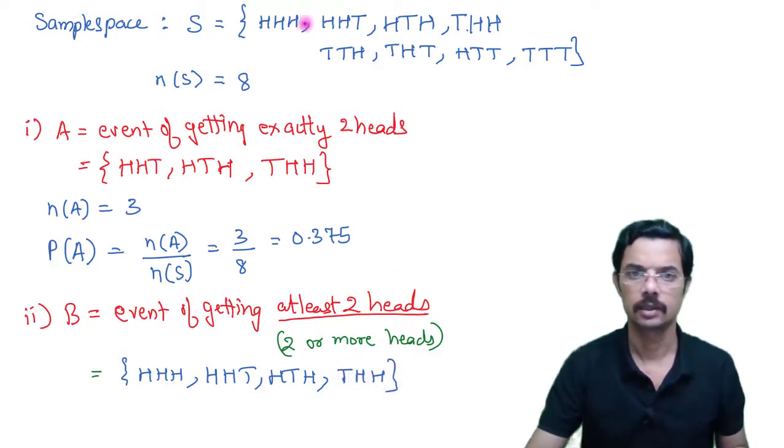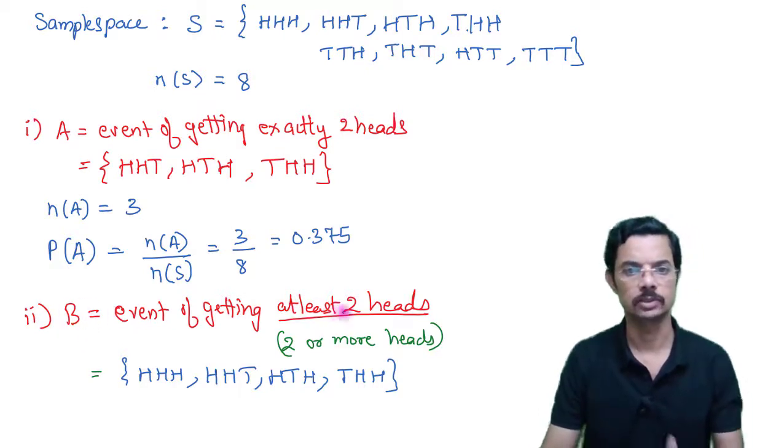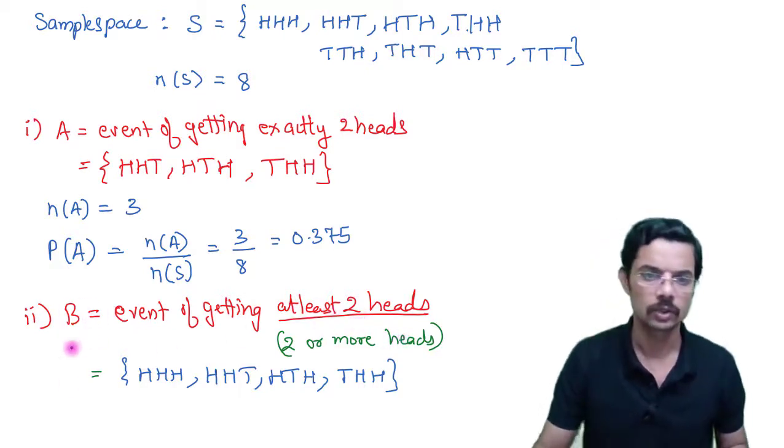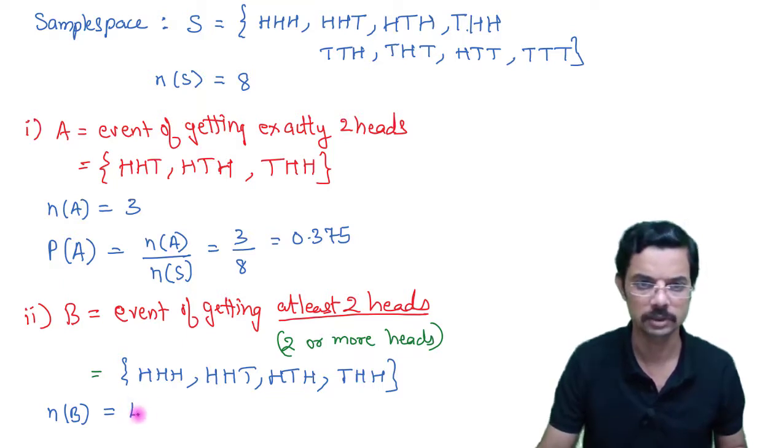These are the 3 plus 1, 4 outcomes which are favorable to the event B of getting at least 2 heads, or 2 or more heads. So the number of favorable elements to B is 1, 2, 3 and 4. So 4 elements are favorable.